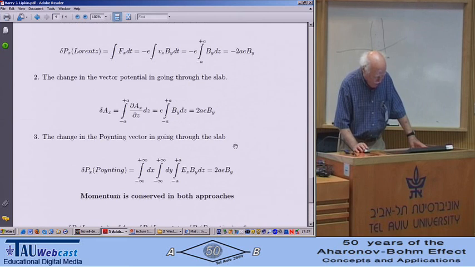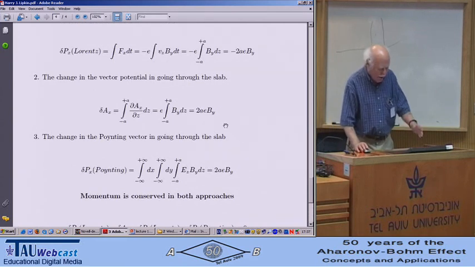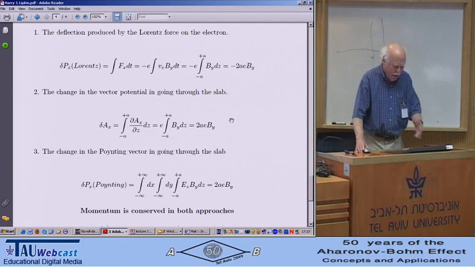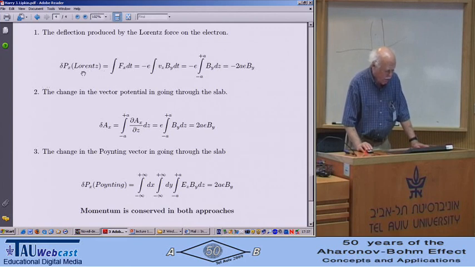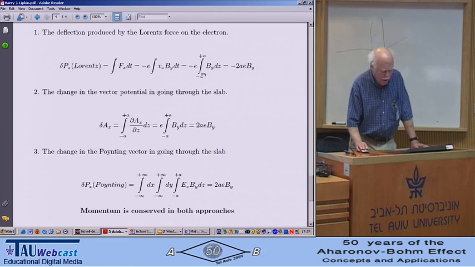Actually, I think that really says it all. You can calculate it very easily. The Lorentz force on the electron gives you a momentum change in the y direction, which is just the usual v cross B, and it ends up giving you essentially the flux through the slab from minus a to plus a.